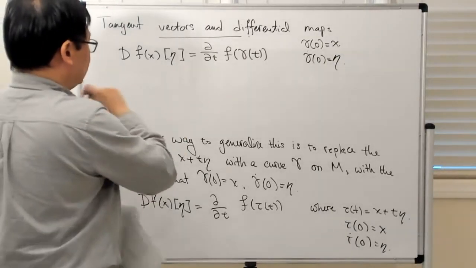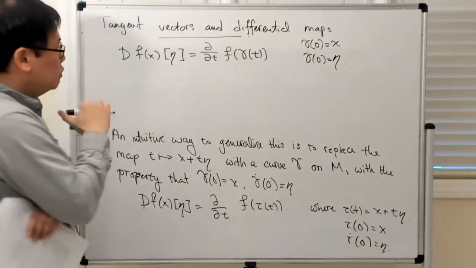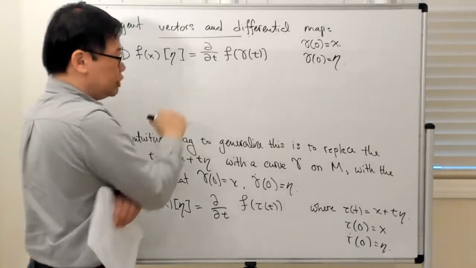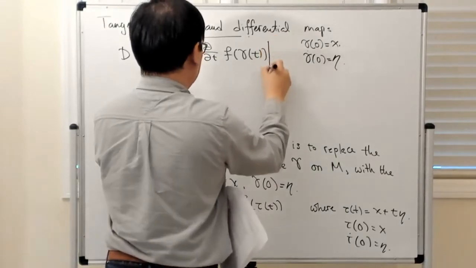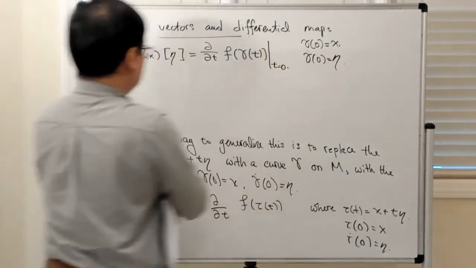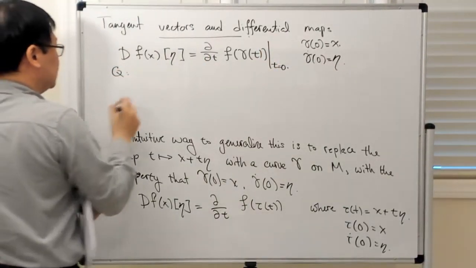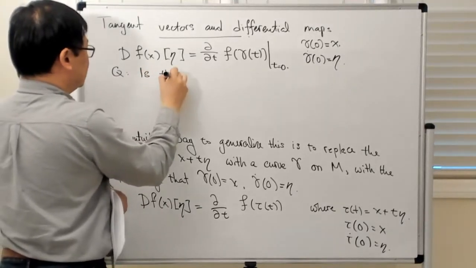So the first question one would have to ask is whether or not that actually, well, you have to evaluate it at t equals 0. So the question is, is that well defined?